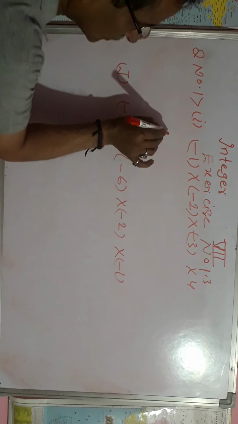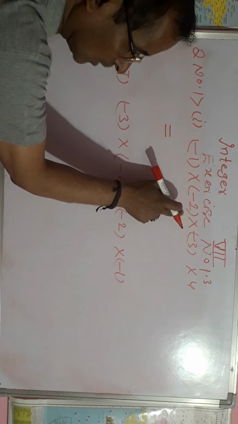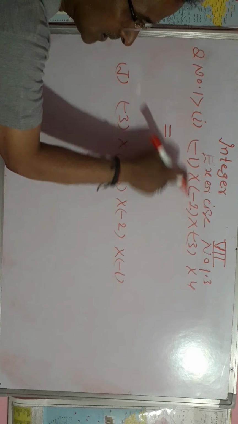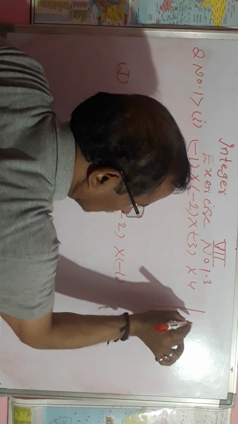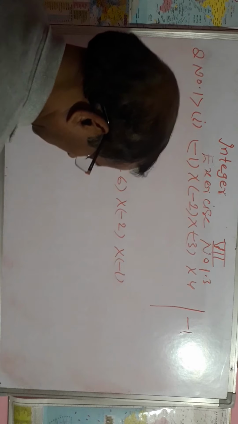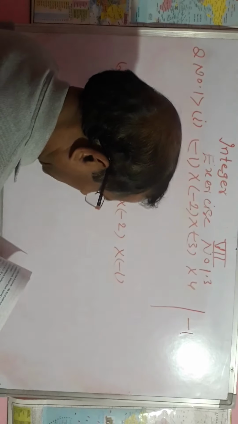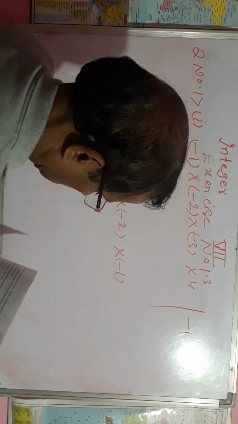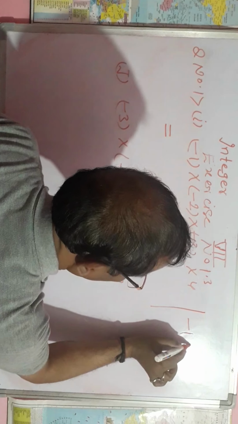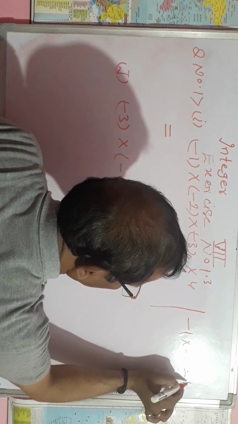First of all, we multiply minus 1 and minus 2. Minus multiply minus, then we get plus. Minus 1 multiply minus 2 is equal to plus 2.